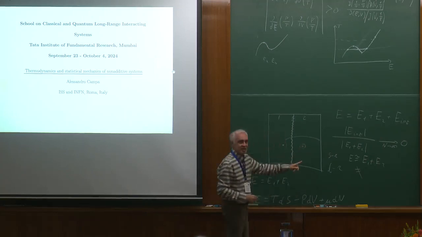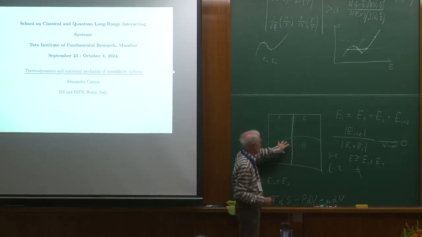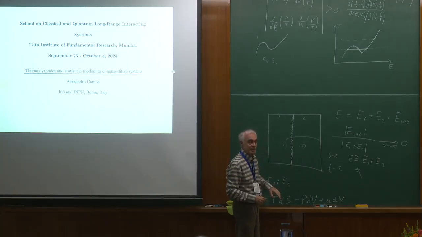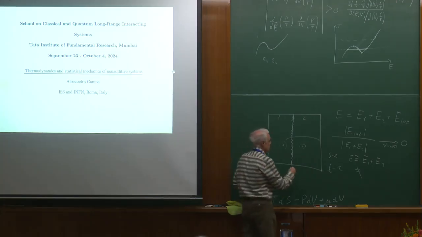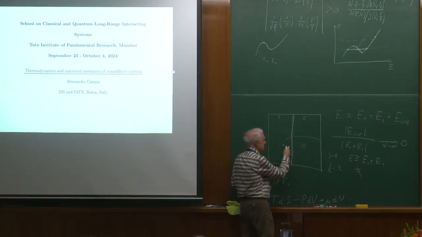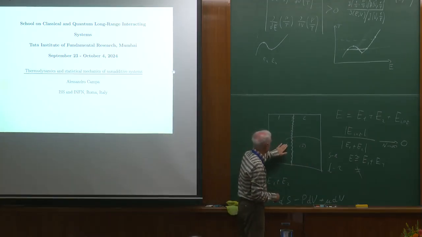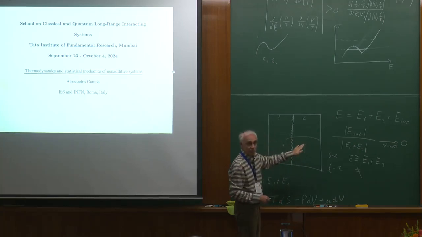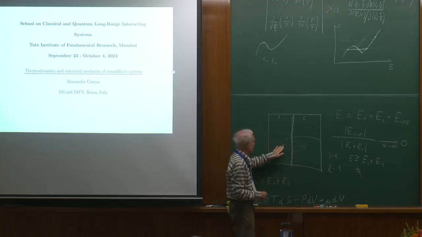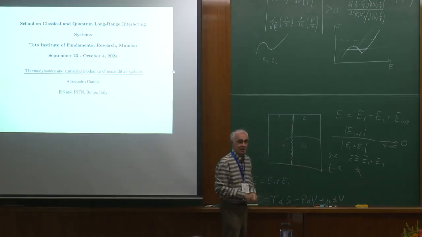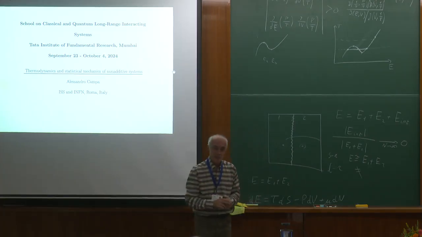So nothing prevents these two surroundings from being different. This is what happens when you have two phases that coexist. For example, if I measure the density in the liquid, it will be much higher than the density in the gas, and there is nothing to prevent this phase separation. Otherwise, in a non-additive system, the surrounding of each particle is the whole system. So I do not expect to have a different order parameter, like the density, here and here. This is why in long-range systems you do not have phase separation.